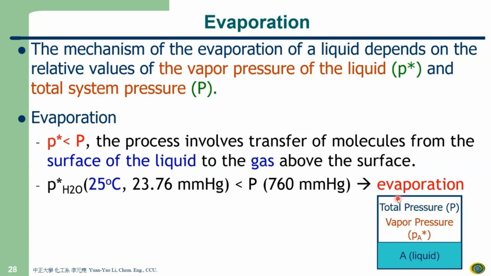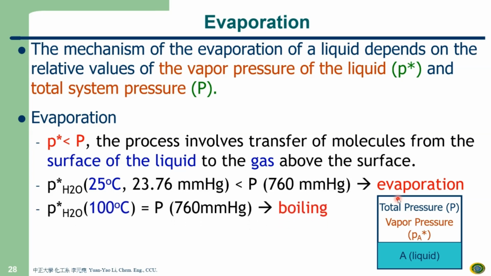However, if the pressure of the water vapor reaches 760, what does that mean? That means it's boiling. If you check the water vapor pressure in a table, at 100 Celsius the water vapor pressure will be 760, equal to the total pressure.